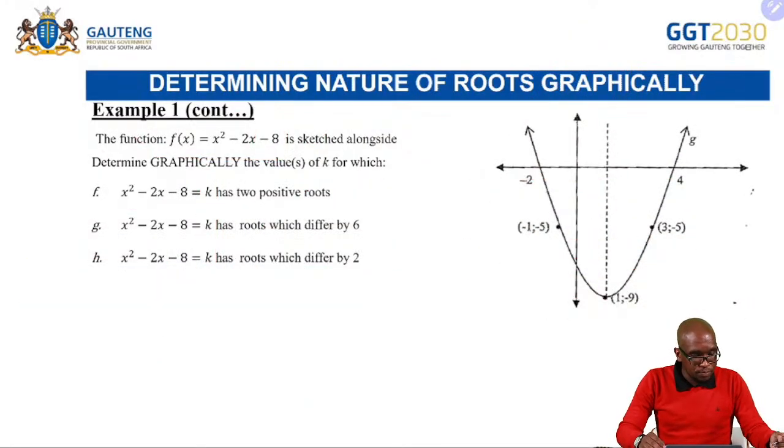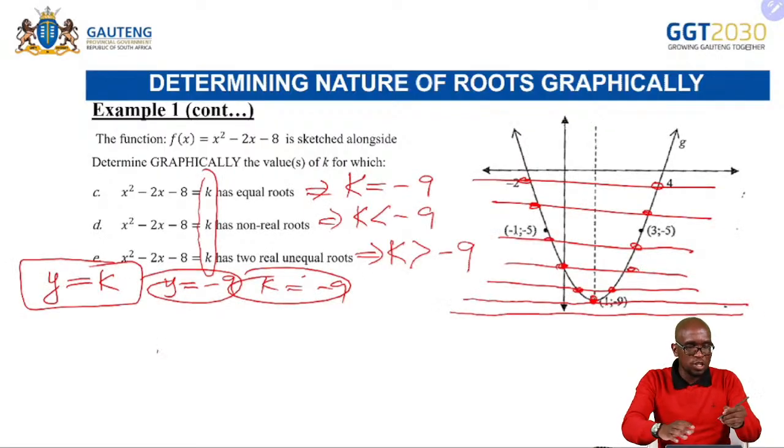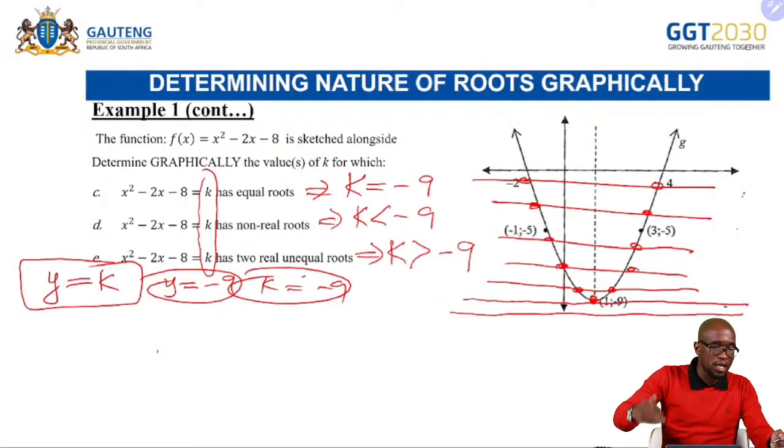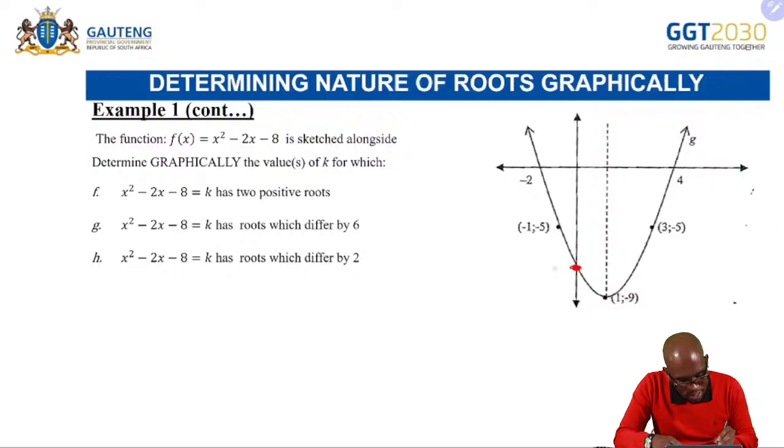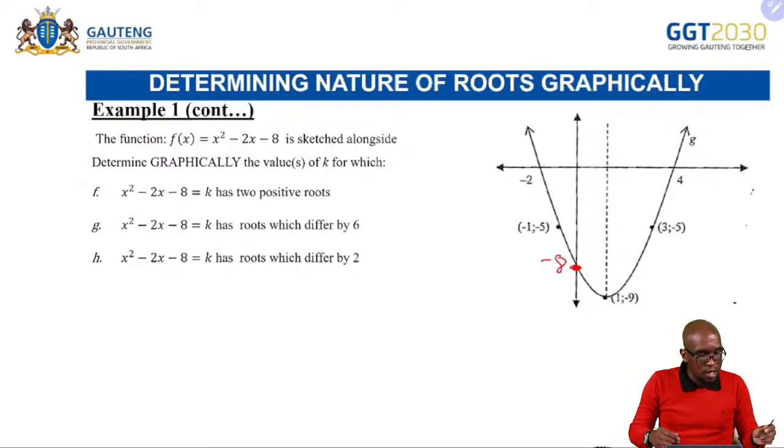Right, moving on. Remember here we were just moving the line and we were able to get the behavior of y. So it continues also here. Remember the y-intercept of this is minus 8. It continues here to say x squared minus 2x minus 8 is equal to k has two positive roots.